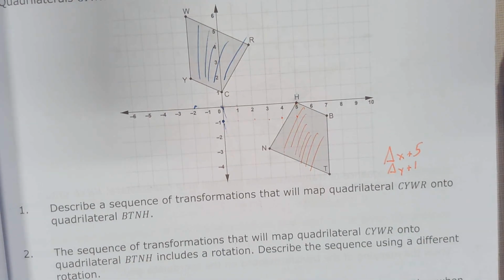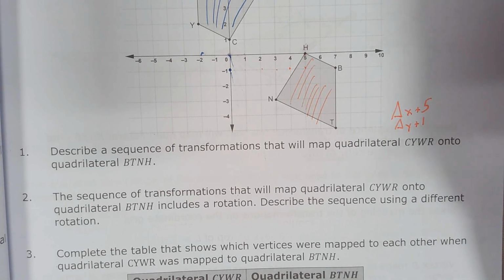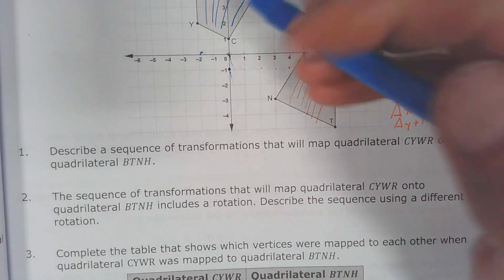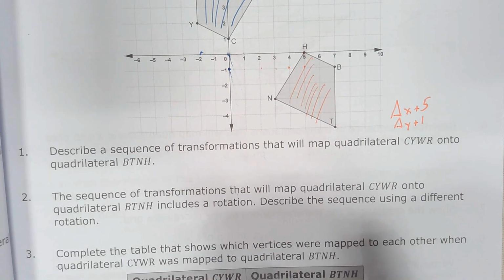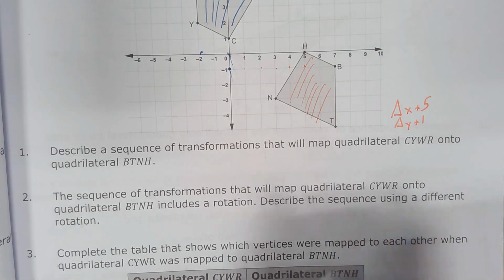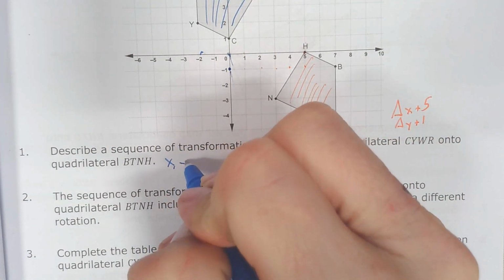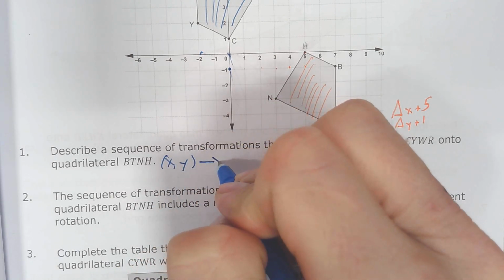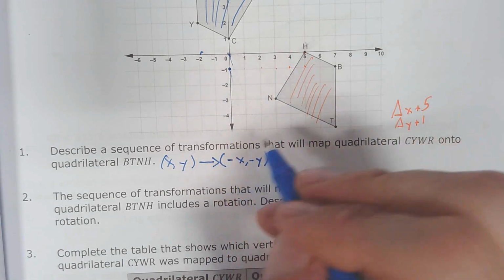Okay. All right, so to describe the sequence, I'm going to use an algebraic description because I like them. So my first transformation takes my blue to my not-shown one. That's x comma y going to negative x comma negative y, a 180-degree rotation about the origin.